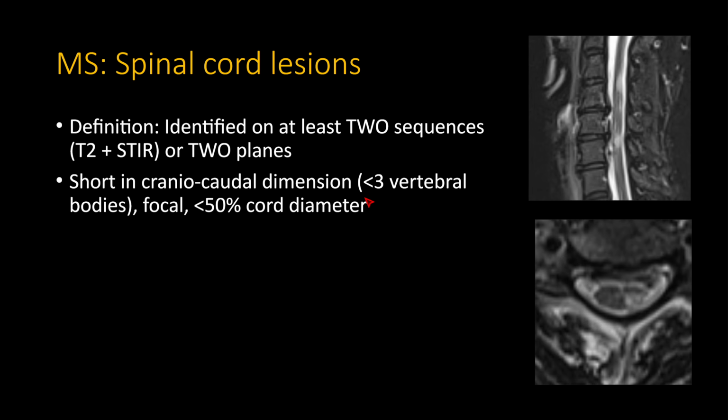Now, as we'll see, sometimes in aggressive and end-stage cases of MS, you have so many spinal cord lesions that they start to blend together and mimic a longitudinally extensive lesion. But a lot of times, if you look closely, you'll see that what you perceive as a longitudinally extensive lesion is actually a bunch of little lesions in different parts of the cord that just start to coalesce because there are so many of them.